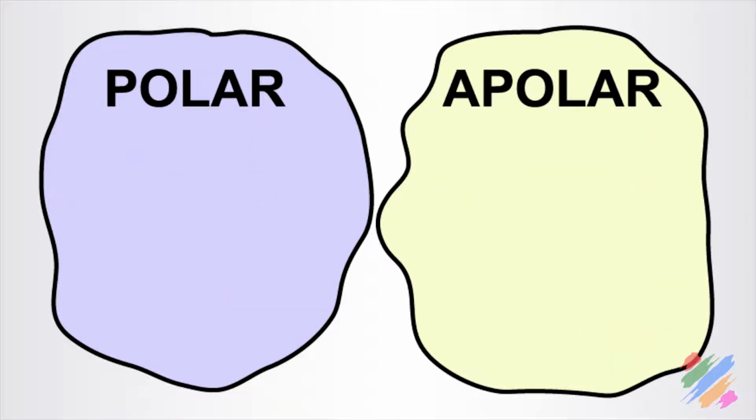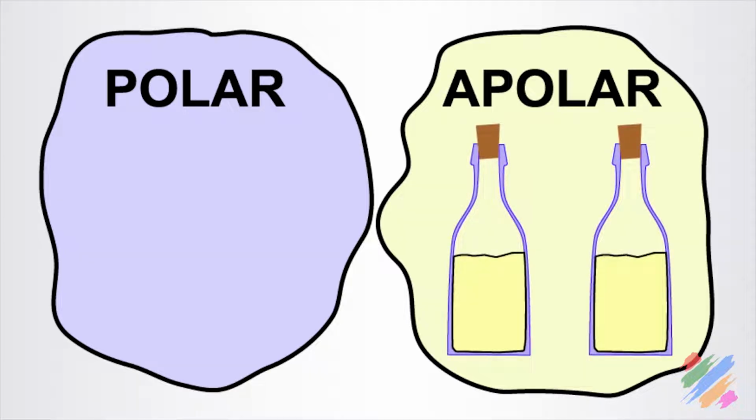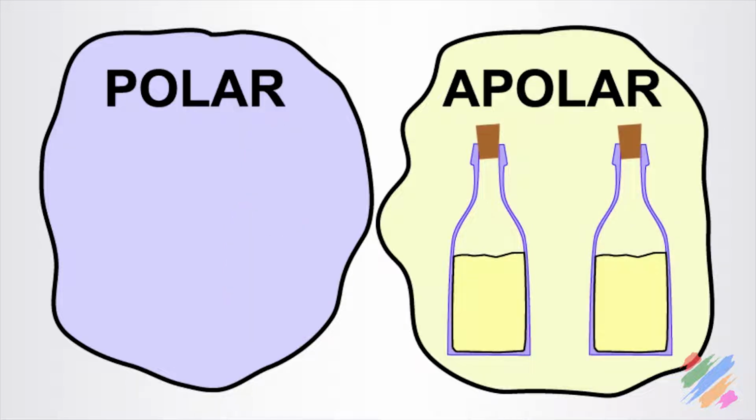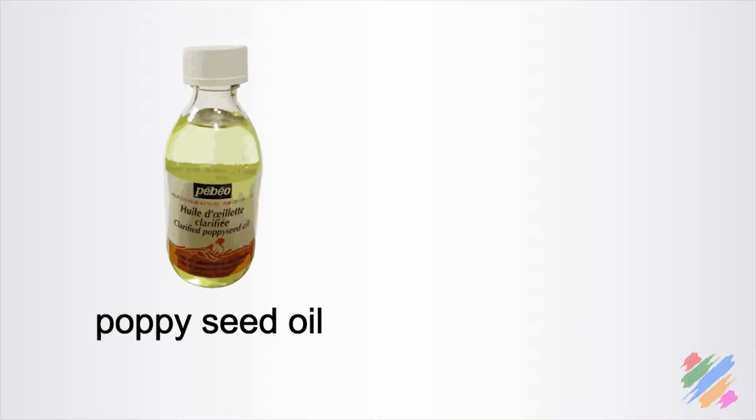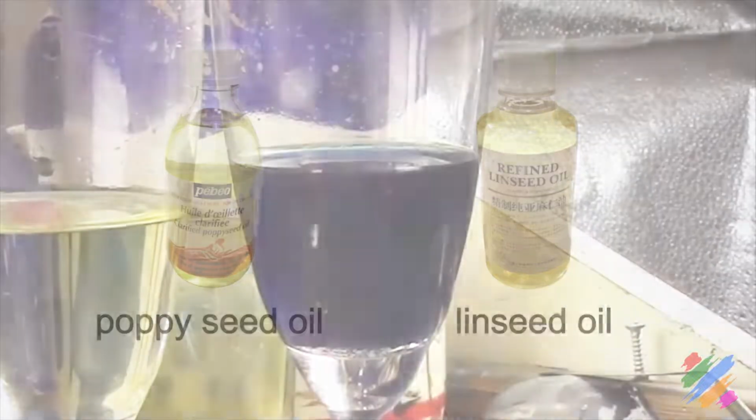It's interesting to see what happens when we mix mediums from the same family and when we mix mediums from different families. Let's start, for example, by seeing what happens when we mix mediums that belong to the same apolar family. In this case, poppy seed oil and linseed oil, which are both used with oil colors.